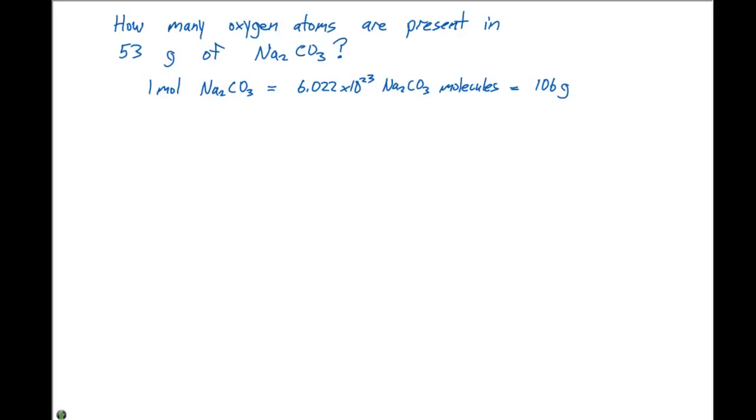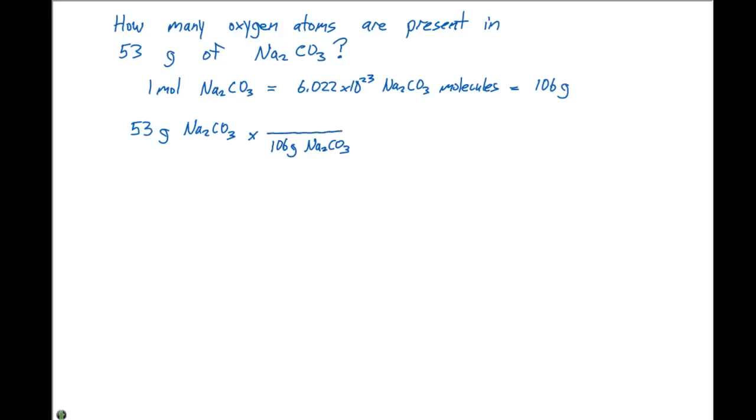We are initially starting out with 53 grams of Na2CO3. So first we need to convert these grams over to moles. We know that 1 mole of Na2CO3 is equal to 106 grams. So we'll put the 106 grams of sodium carbonate down here in the denominator.